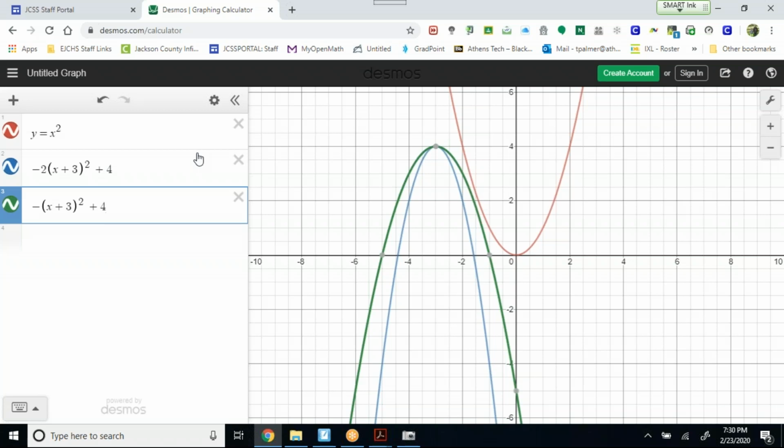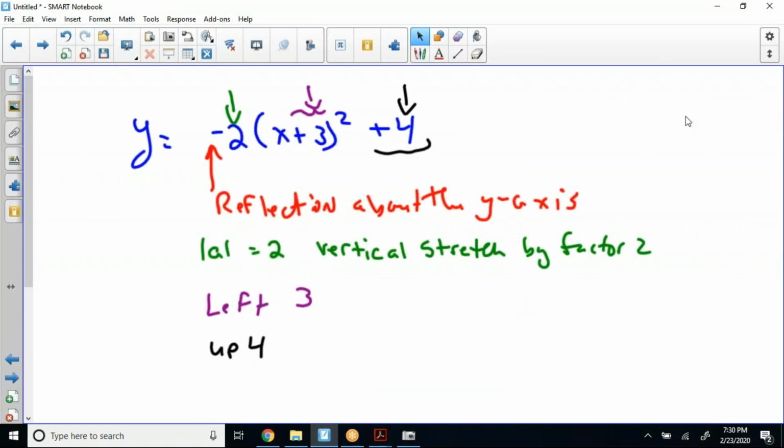So stretch and shrink. So that's what I would do. Okay, just kind of look at it. Just evaluate quadratics on Desmos, and I think you'll be okay. So does that help you a little bit more? Yes, thank you. Yeah.